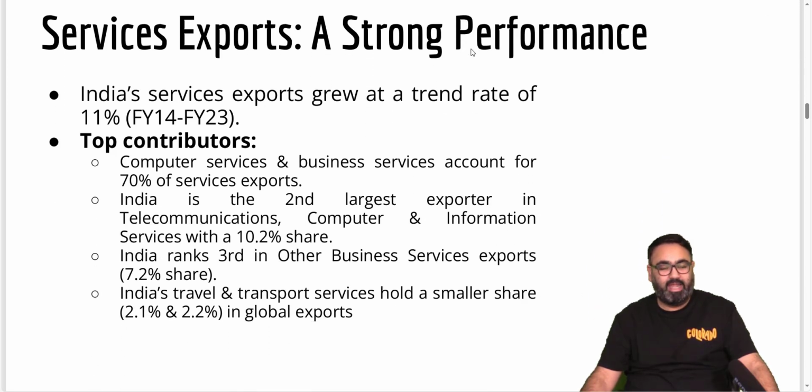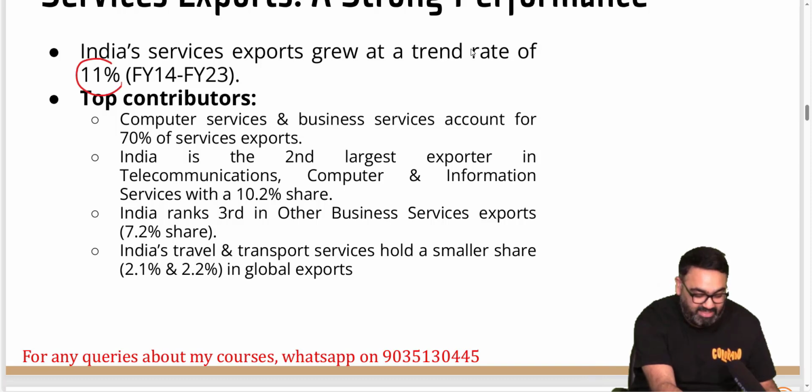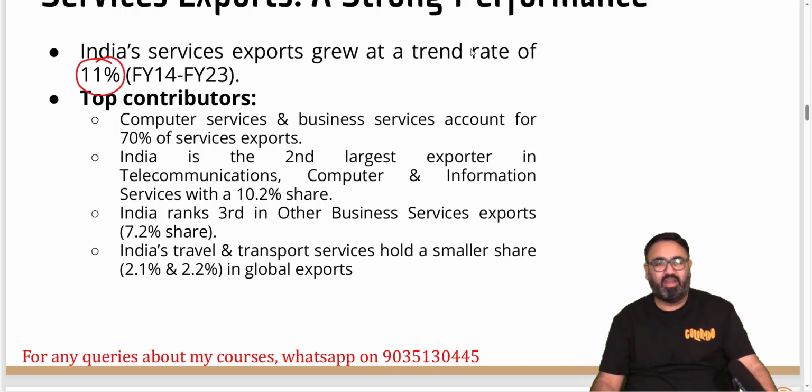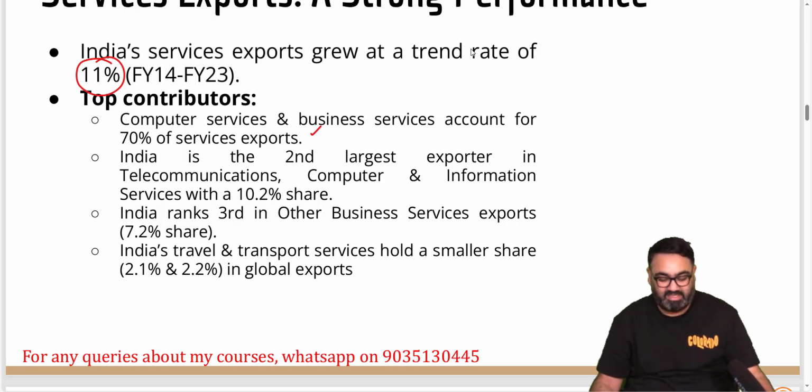Services export: India has been exporting quite considerably in the services sector. Our exports in terms of services have grown at 11% in the last decade. So from financial year 2014 to 2023, services export grew at 11%. The biggest contributors, I don't think there would be any trouble guessing, have been computer services and business services.